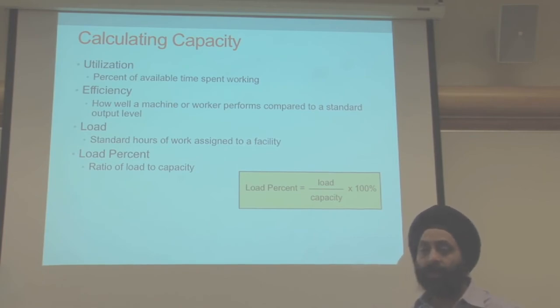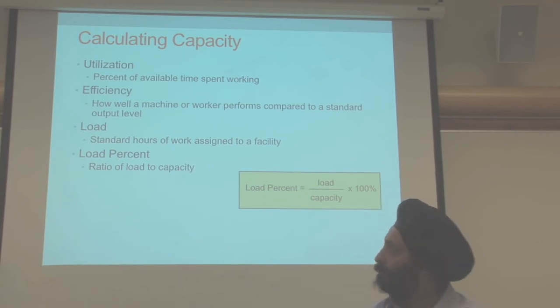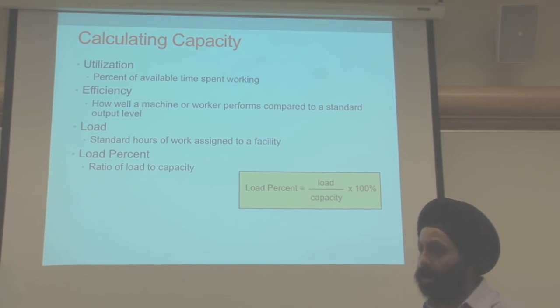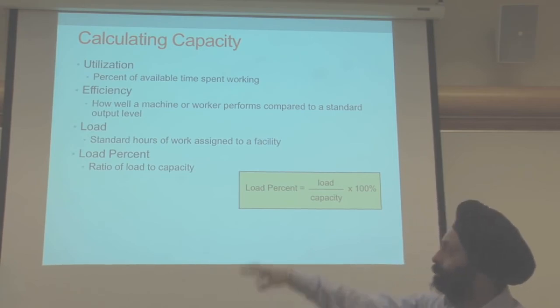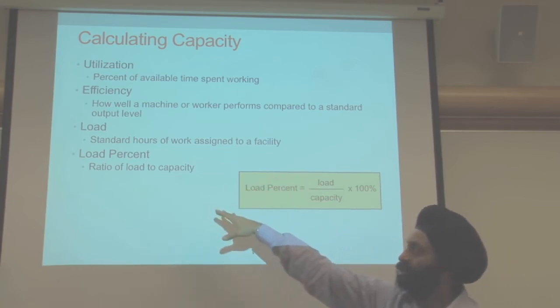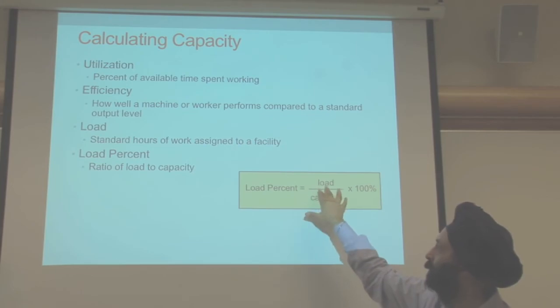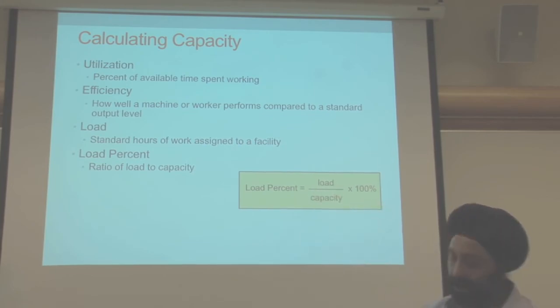Some machines, as they get older, may have a lot more issues to be dealt with, so their efficiency is not as good as the newer machines or machines that are working well. Load is the standard hours of work assigned to a facility, and load percent is the ratio of load to capacity. So load percent is load divided by capacity times 100%.